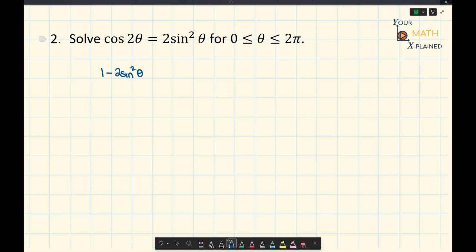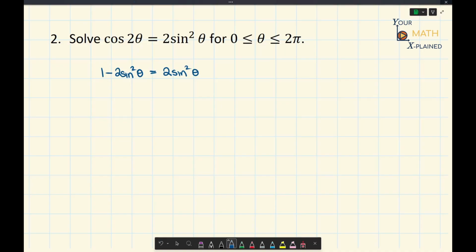The reason that we want to use this one is because we already have a sine squared theta on the other side, which allows us to combine those like terms. If we had picked one of the other two, then we wouldn't get anywhere closer because we couldn't combine any like terms. So now this is equal to our right-hand side, which is 2 sine squared theta.